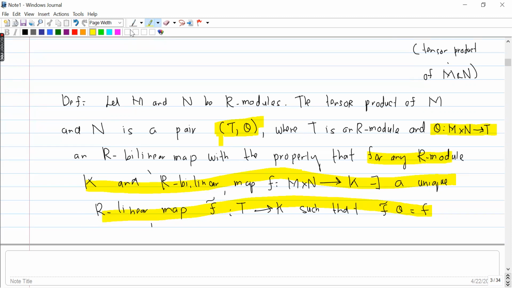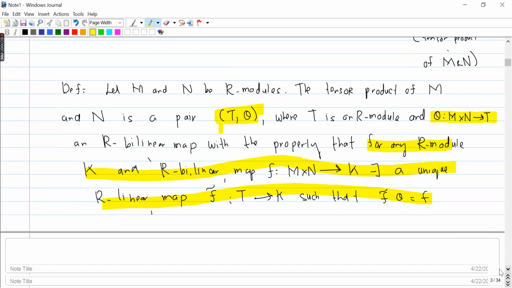So we define it this way: even if we don't know exactly what it looks like, we just say that whatever that thing is, we are mainly interested in whether it satisfies our universal property or not. That's why we call this property a universal property, because it is mainly the characteristic for defining that thing. So the tensor product is such an example: we have not directly written the expression yet, so we don't know in what form the elements of the tensor product will be, but we know what the tensor product of M and N would be if it satisfies the property defined in the last three lines. So I just want to elaborate this property, what this property says.